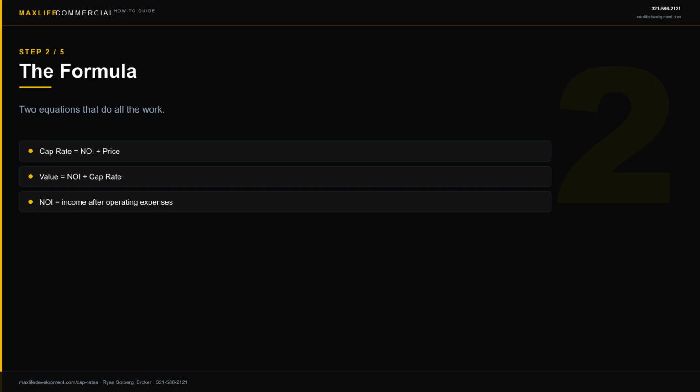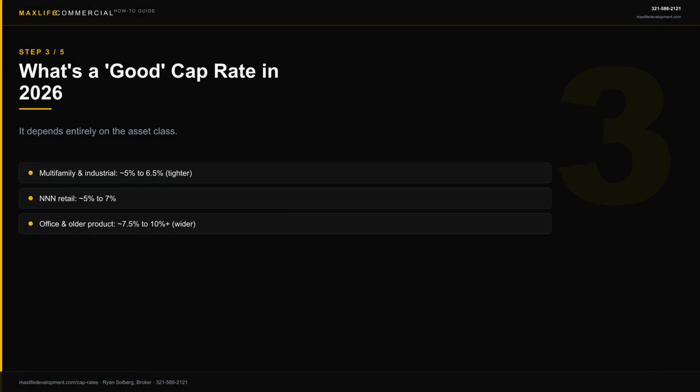So what is a good cap rate? Here's the truth nobody tells beginners. There is no single answer. It depends entirely on the asset class. In 2026, the safest, most in-demand property types trade at the tightest caps. Class A multifamily and modern industrial sit roughly in the low 5 to mid 6% range.